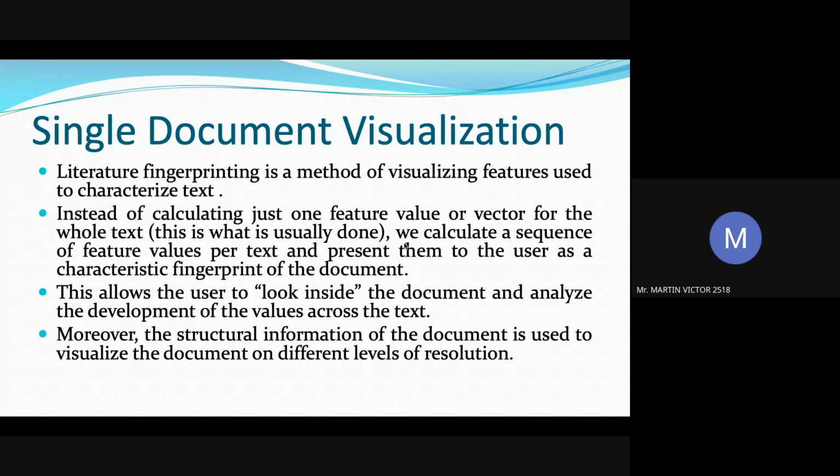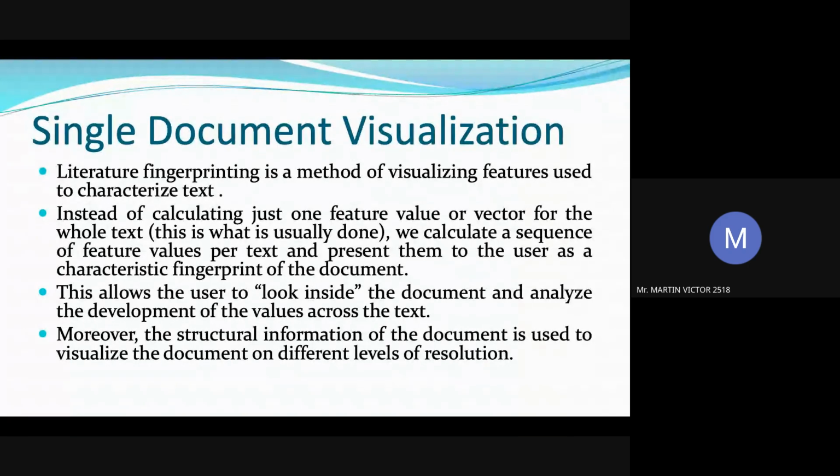literature fingerprinting. This literature fingerprinting is nothing but, again, to visualize the features used to characterize the text. Now, when we are visualizing it, we have to understand whether it is a single document or a collection of documents.